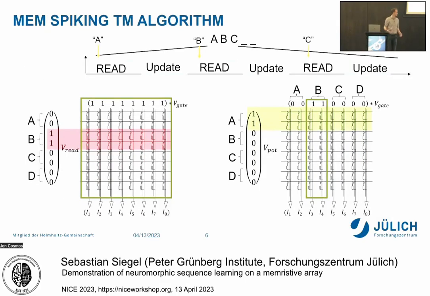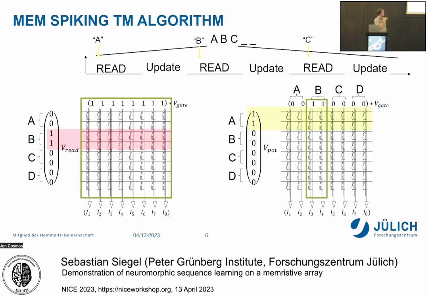I don't have enough time to go over the complete algorithm, but basically we have a clocked signal to our algorithm with read and update phases. In each read phase, we stimulate one external character or more. Depending on which character we stimulate, these neurons will generate a spike. Spiking in our case means it will send a read pulse, which you can see here colored in red, and as I showed before, it will generate an output current.